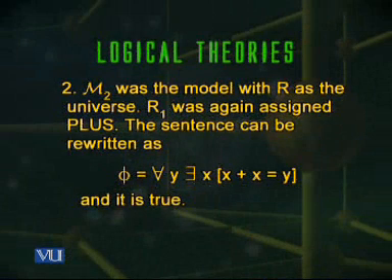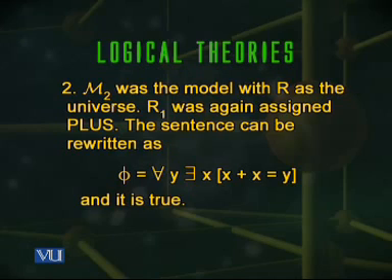However, we can look at this sentence in another model. So let's look at this sentence in the model where the universe is the set of all real numbers. R1 is again assigned the usual meaning of plus. Then the sentence, if we rewrite it in infix notation, says, for all y, there exists an x such that x plus x equals y.